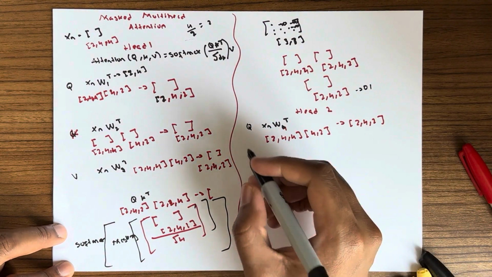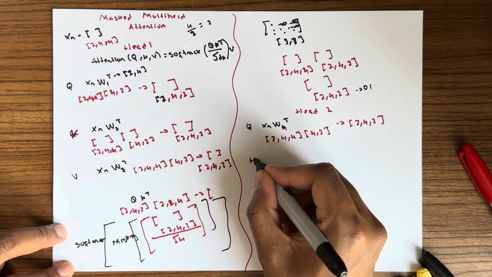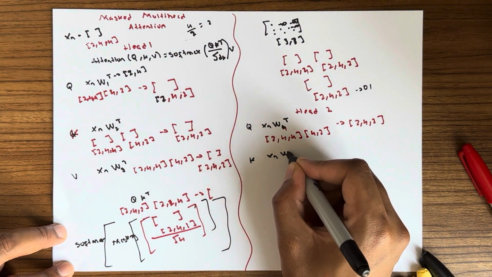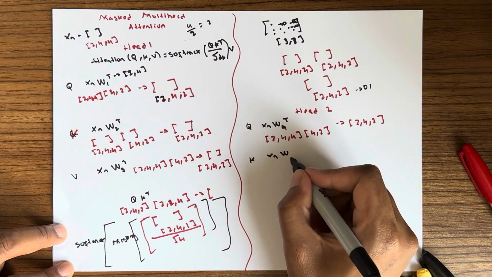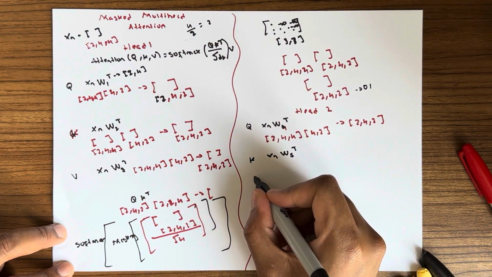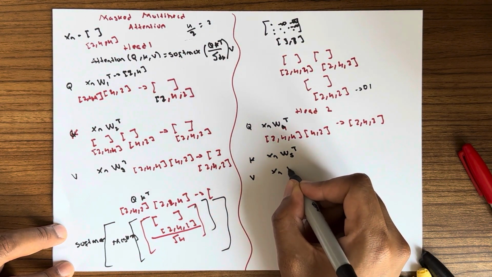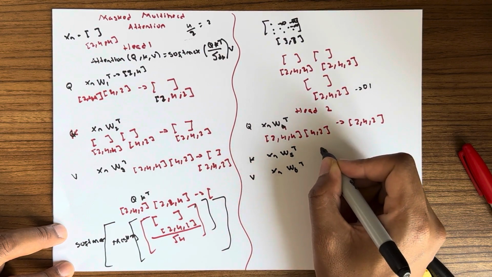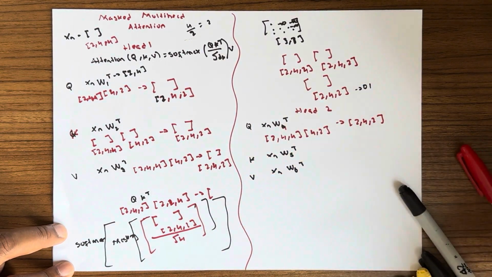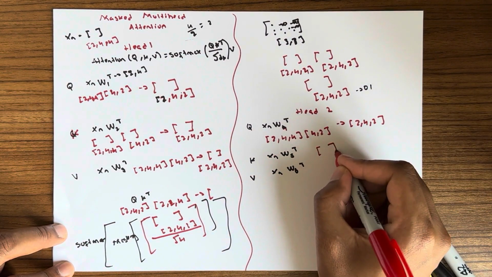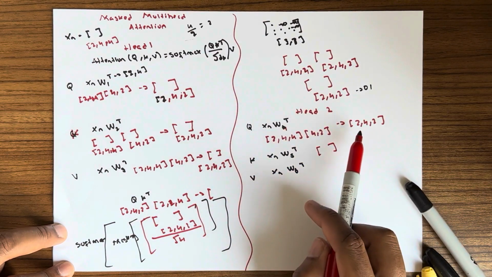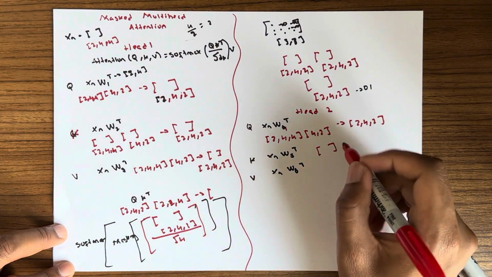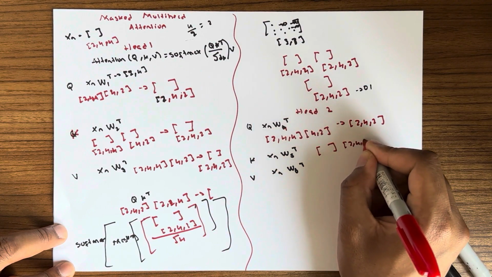The same thing for key, which is xn times w5 transpose, and for v, xn times w6 transpose, both of which will result in a tensor of shape 2 by 4 by 2.